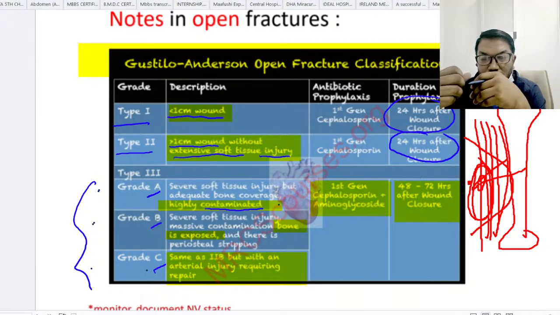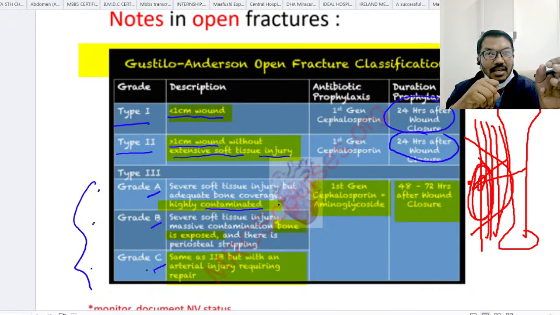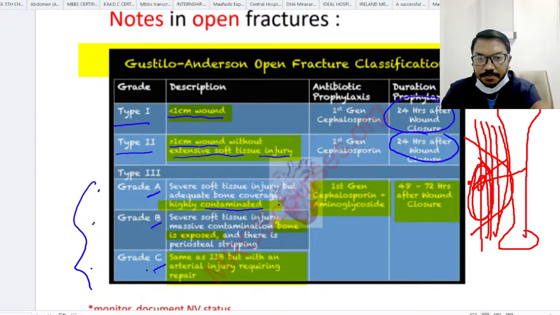But type 3 is highly contaminated, means it is mixed with maybe oil or chemical or any dust or mud or anything. So, severe soft tissue injury and it is highly contaminated.